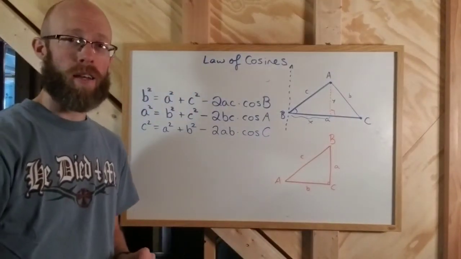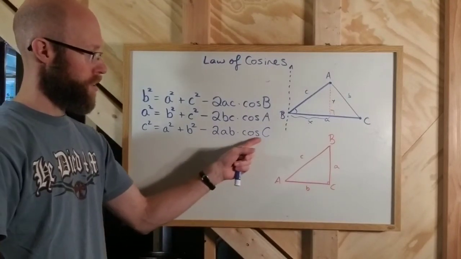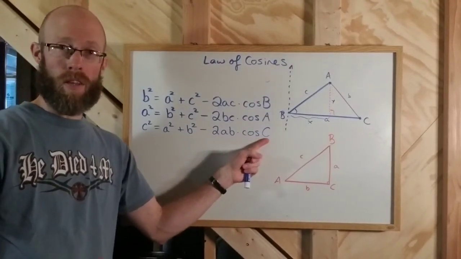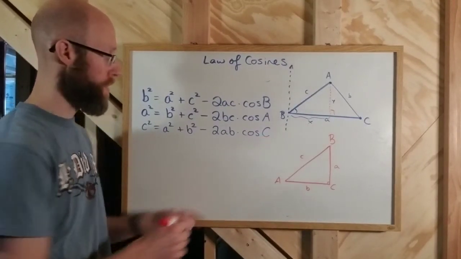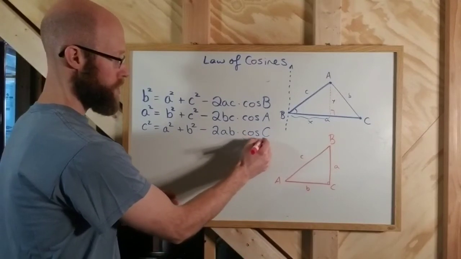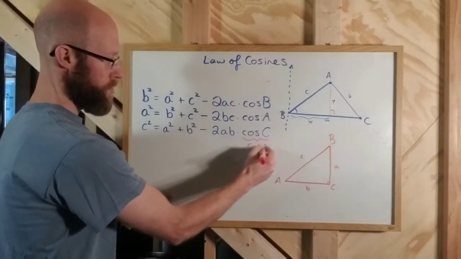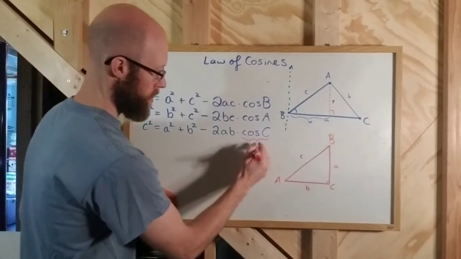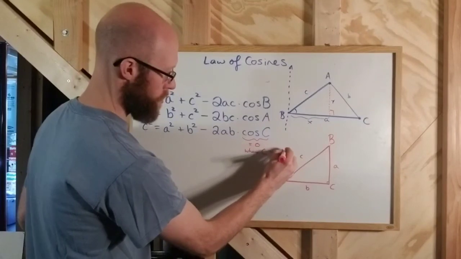On a right triangle, if you were to put C as the right angle, the cosine of 90 degrees is 0. Cosine of 90 degrees is 0. And so that whole thing equals 0 when C equals 90 degrees.